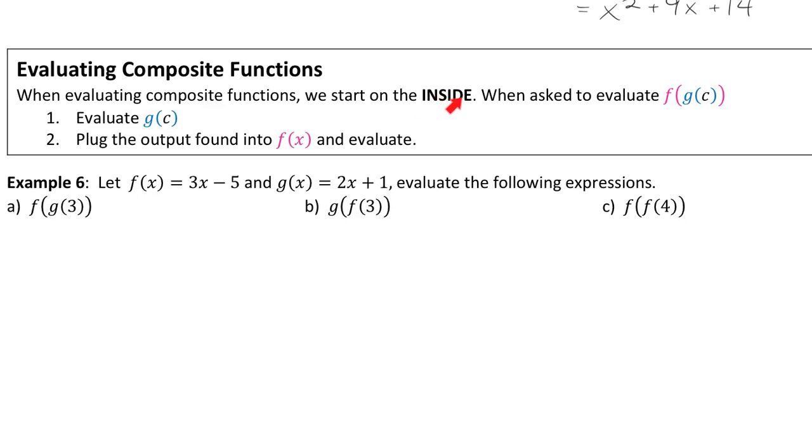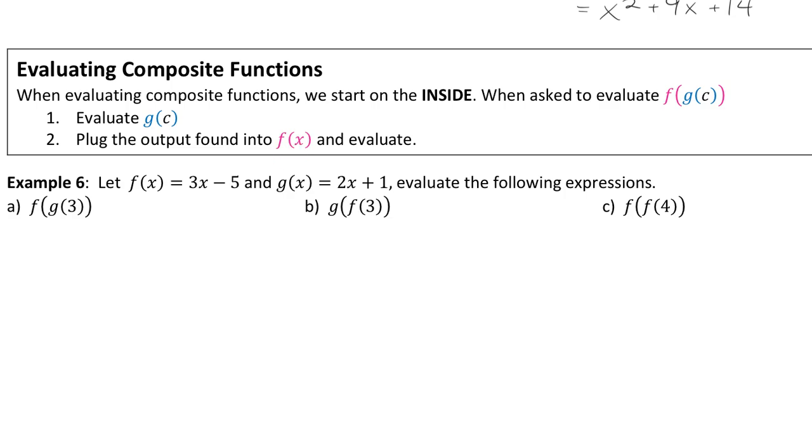We look at what's on the inside of the function, which is g of some number, and figure out what g of some number is. So maybe it says g of 5, and g of 5 is 8. That output, the random 8, is now going to be plugged into the outside function.